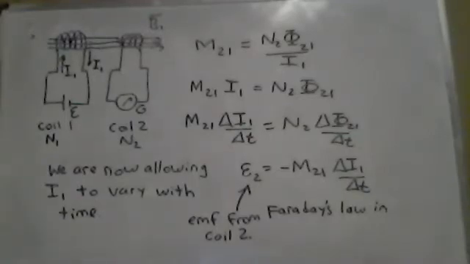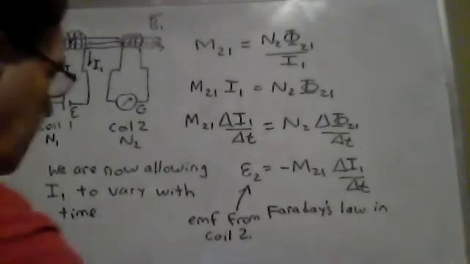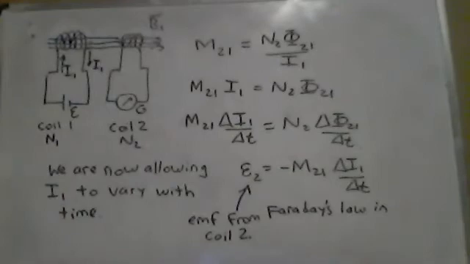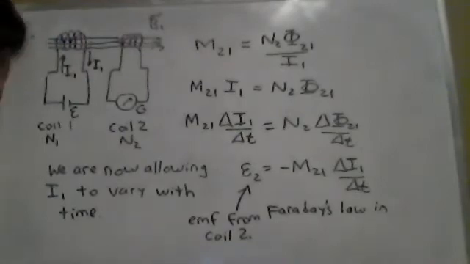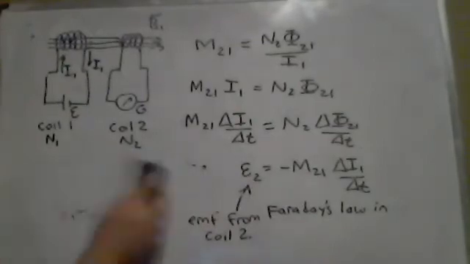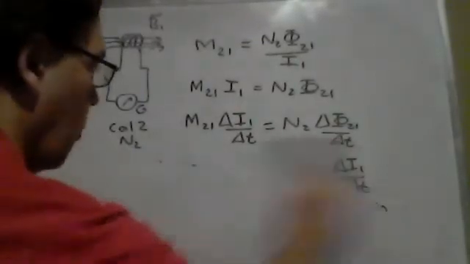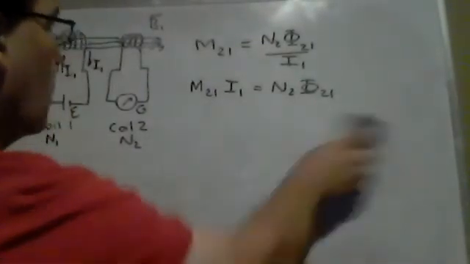Okay, so I can switch roles at this point. Let me parking lot this equation. Let me now switch roles and let coil 2 do the work. Let's remind ourselves what this last equation was.